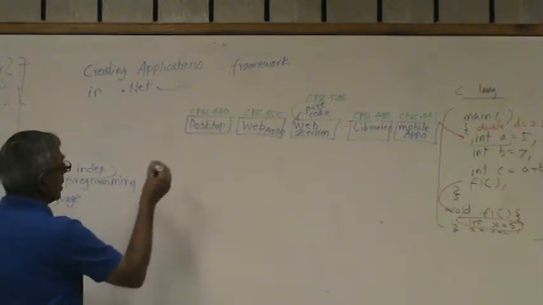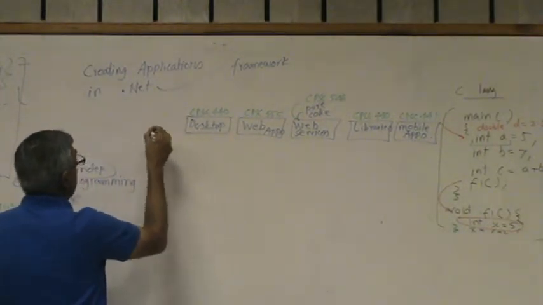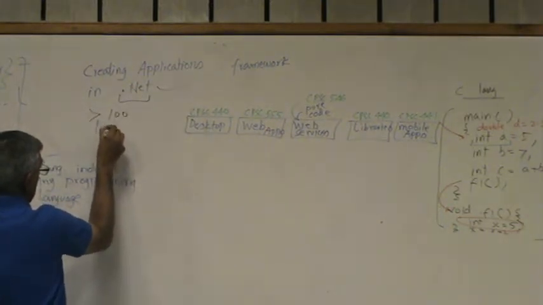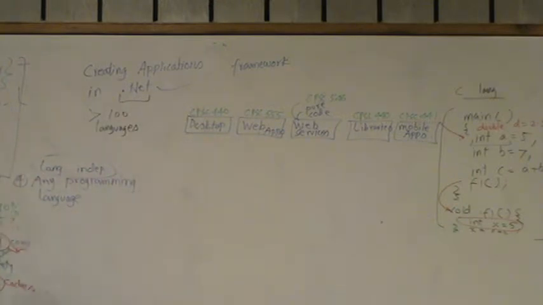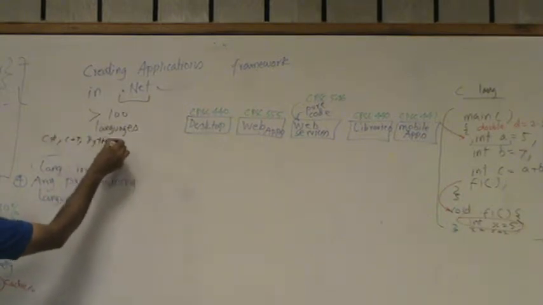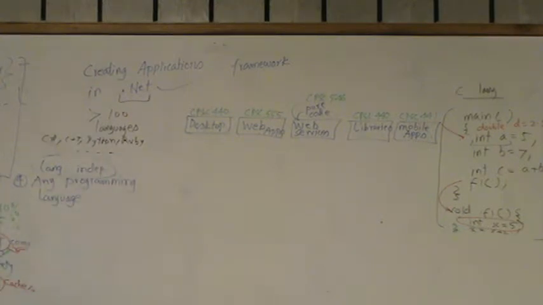It doesn't matter which one of these you pick, you pick a language. Right now, more than 100 languages are available under .NET. One of those is C#. There's C#, C++, Python, Ruby, and anything imaginable that you've heard of is available under .NET.